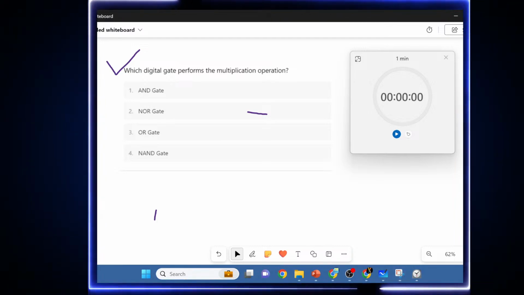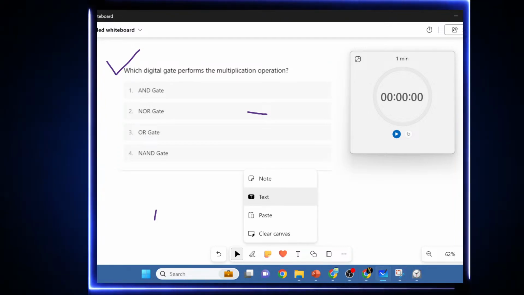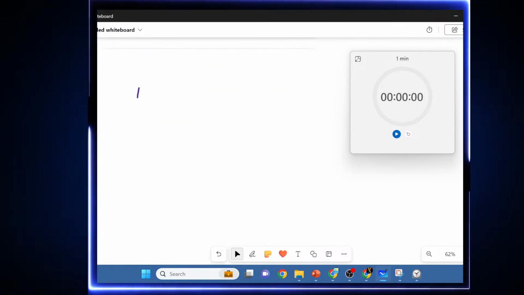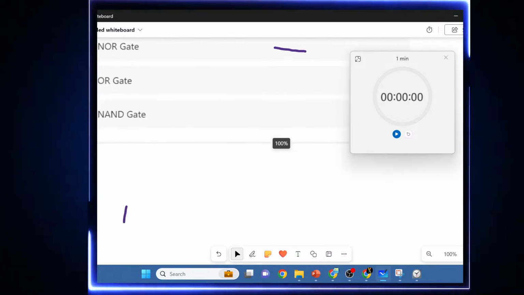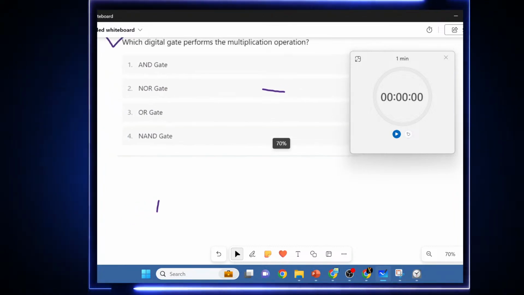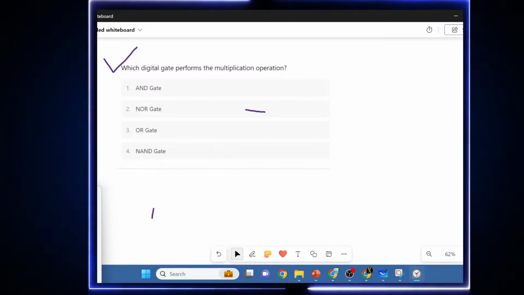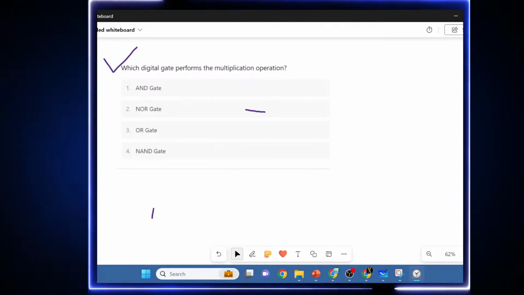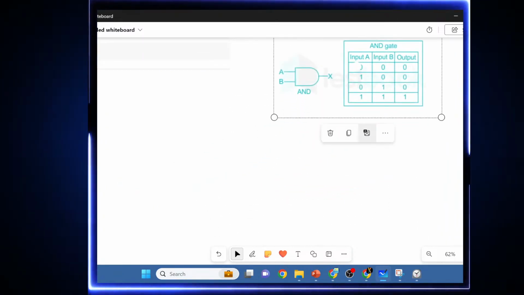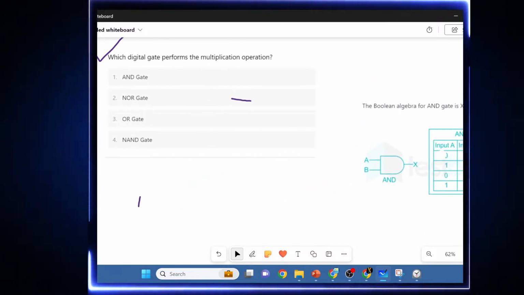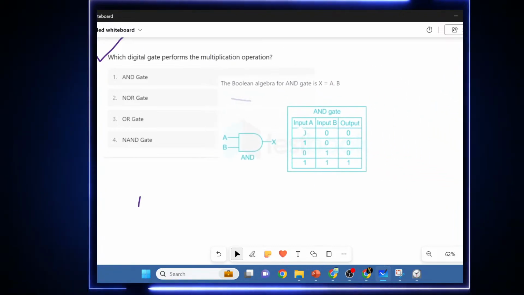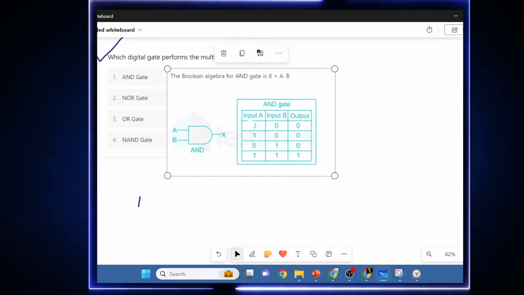Yes, so we are done with the timer, and the answer to this question is option, the first option, that is nothing but the AND gate, right?